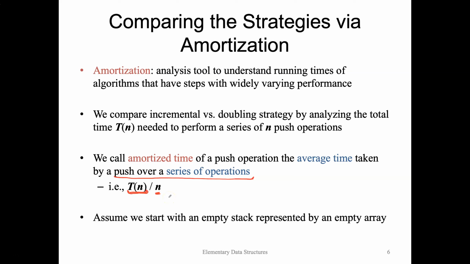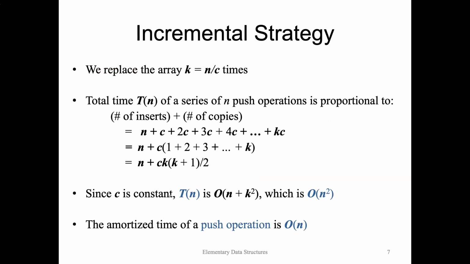So let's look at the amortized cost of push using the incremental strategy. So suppose we start with an empty stack represented by an empty array. In order to determine the total running time over a series of n calls to push, we want to tally up all the primitive operations so that we can put this in big O notation.